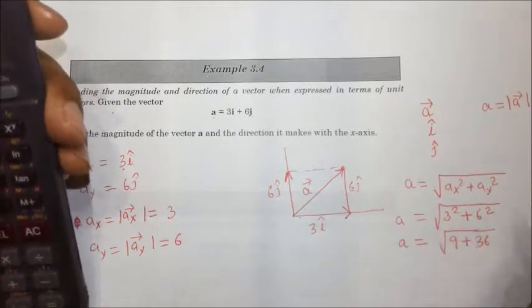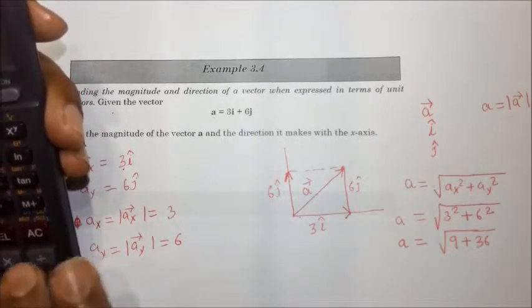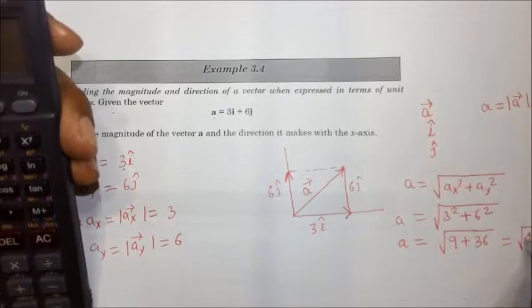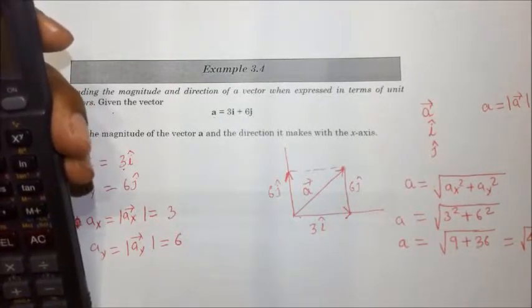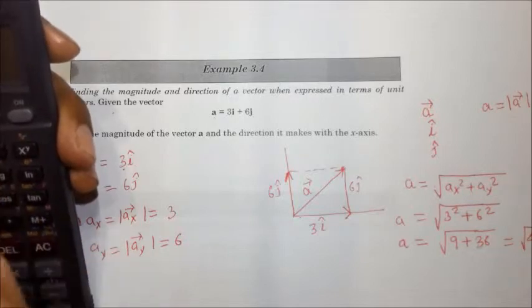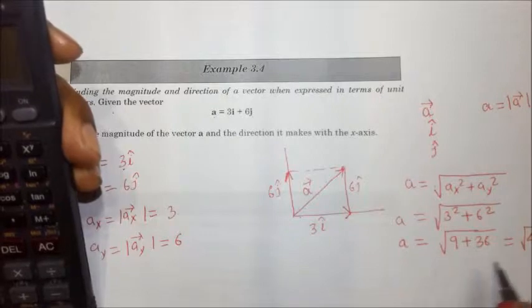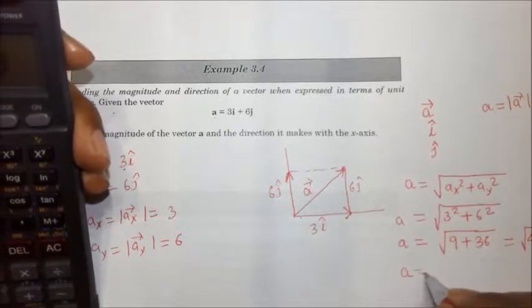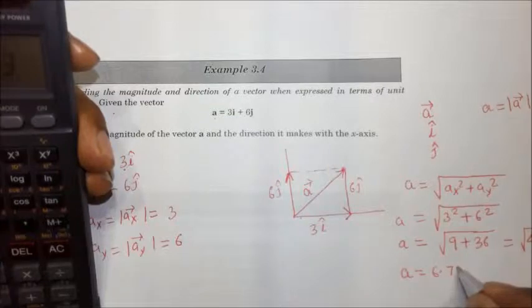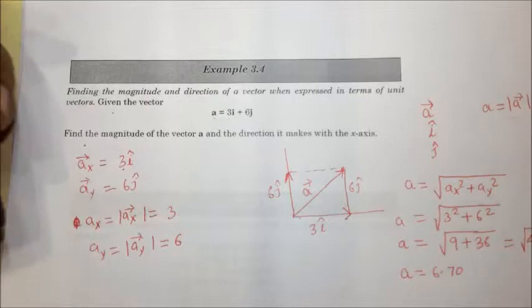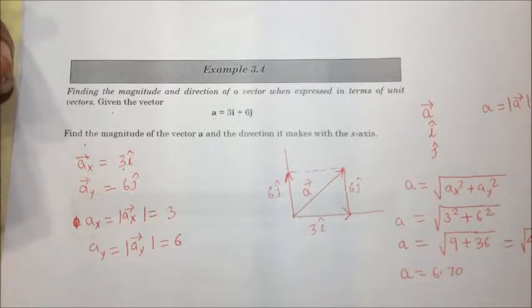If you do this, this will give you the square root of 45. And the square root of 45 is 6.708. So A is equal to 6.70. Okay, that's the magnitude of vector A.